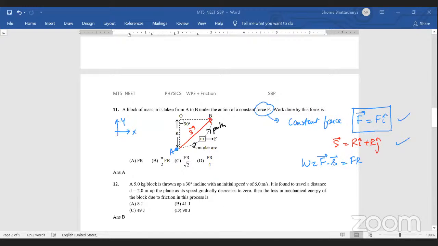Again, this is based on the definition of work done by a constant force. So please make a note of this, people.